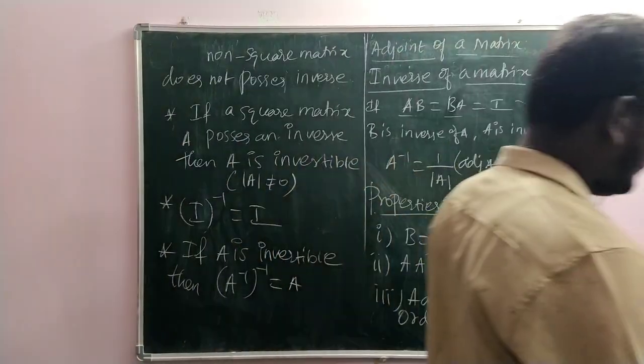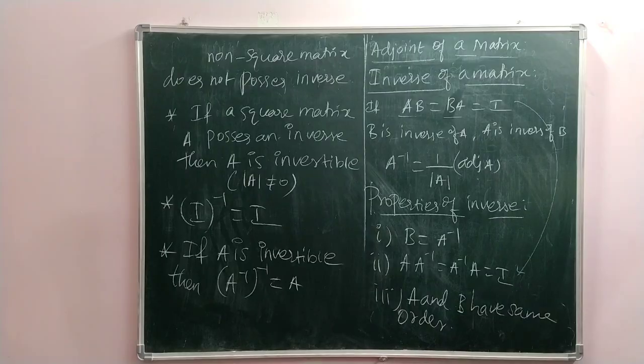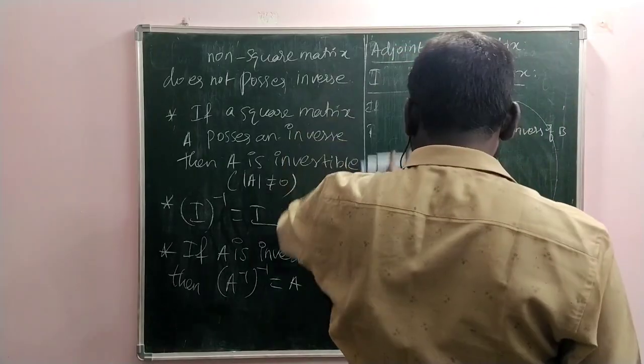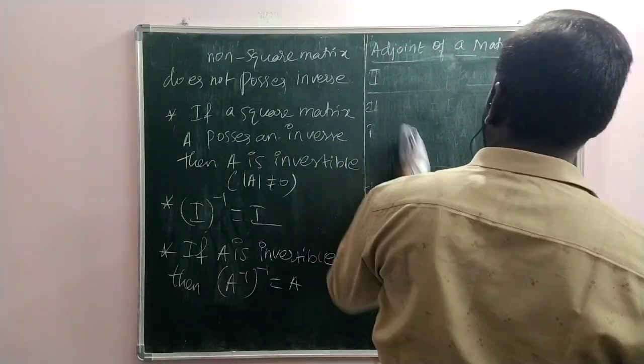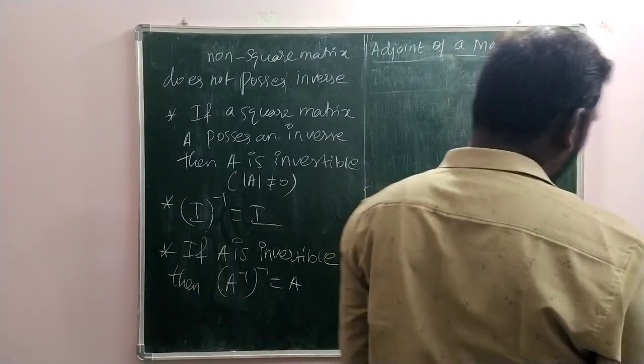Shall I erase this column? Okay. What happens if you take the determinant of the inverse of a matrix? Previously, we have seen the determinant of the adjoint of a matrix.